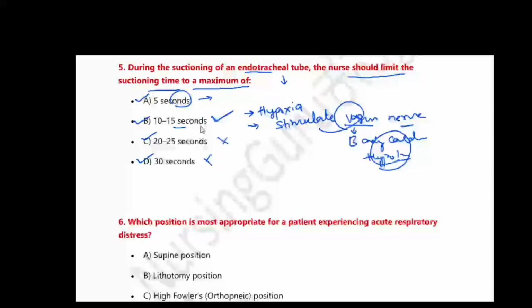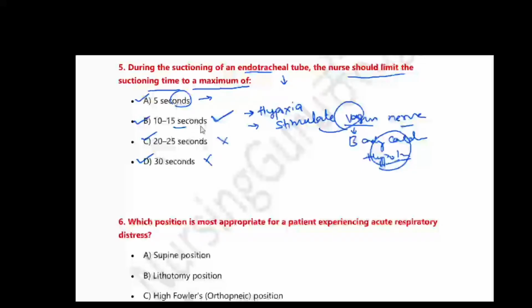Then lithotomy position is given during childbirth or during vaginal examinations and all. And this is a wrong answer. Then high Fowler's or orthopneic position. What is orthopneic or high Fowler's position?